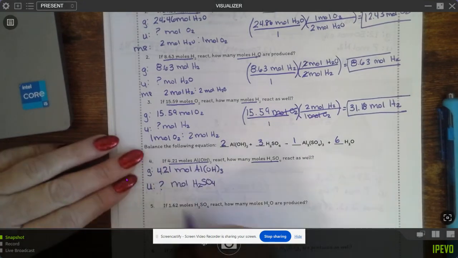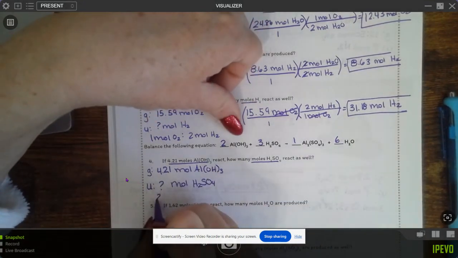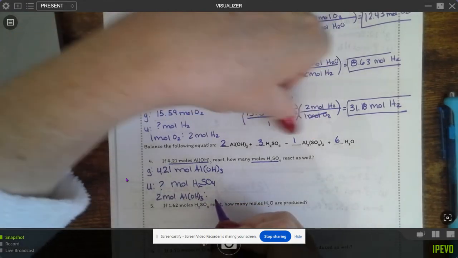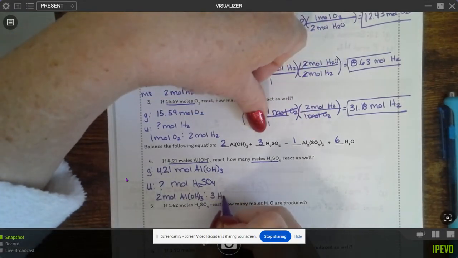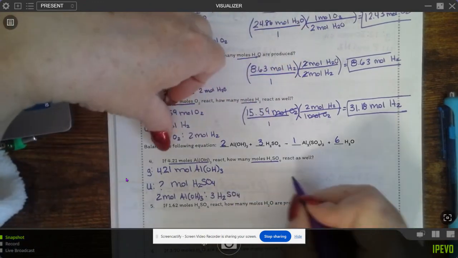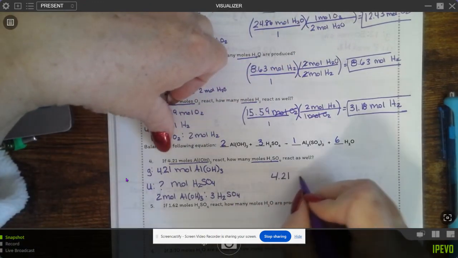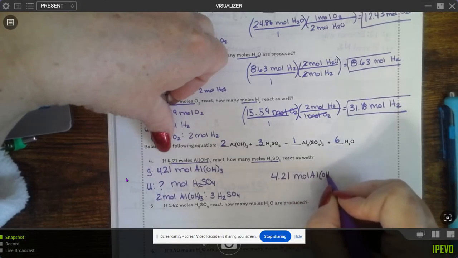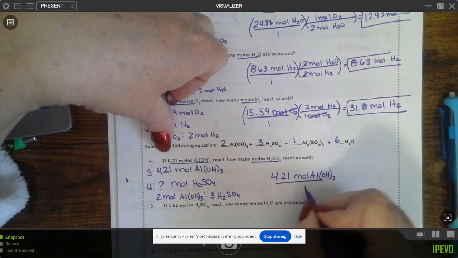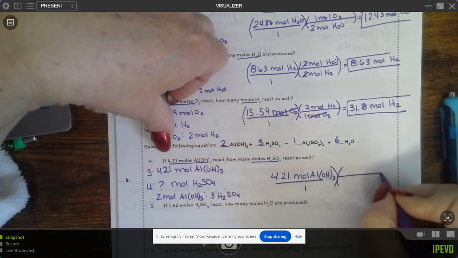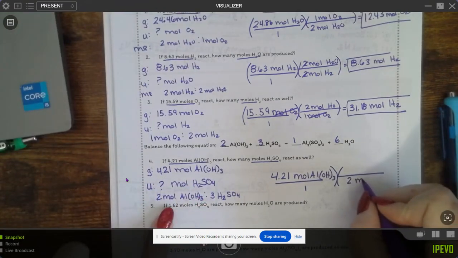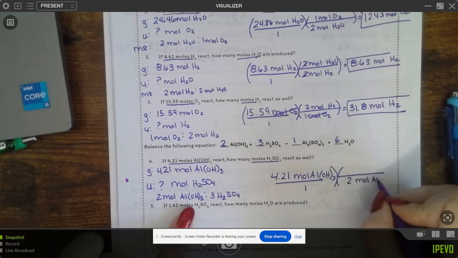All right, my mole ratio is going to be 2 moles of aluminum hydroxide and 3 moles of H2SO4. Okay, so I'm going to write my given, 4.21 moles aluminum hydroxide, and then my mole ratio, I have 2 moles aluminum hydroxide.